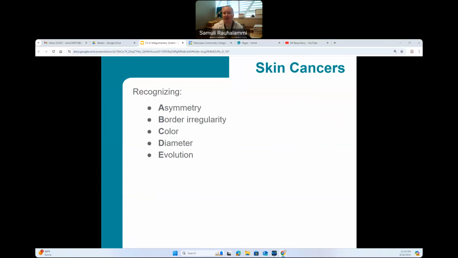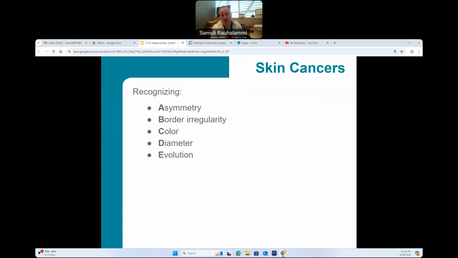If any of these characteristics are changing, evolving, that is another concern for us as we tackle these potential detection characteristics of melanoma.